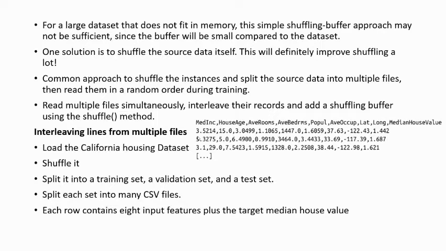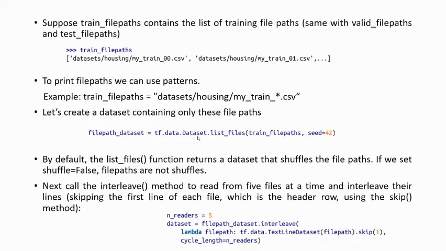Now, with the interleaving concept, we are going to consider the train file paths, which contain the list of training file paths, all in the form of CSVs.